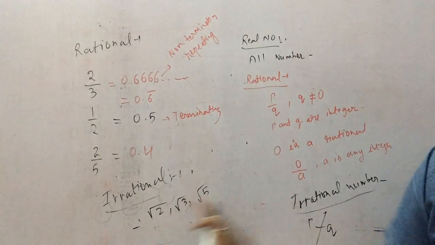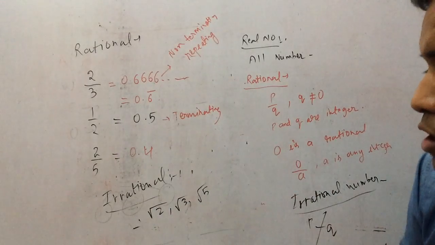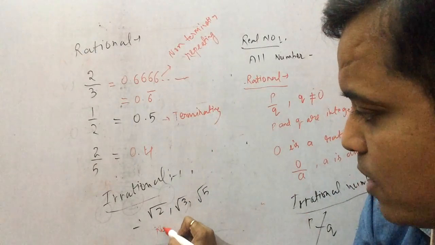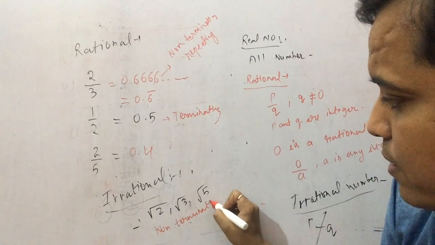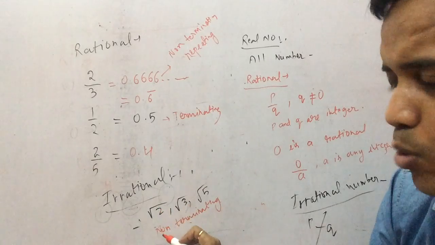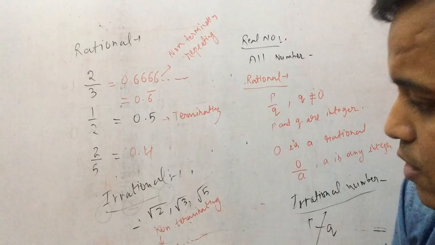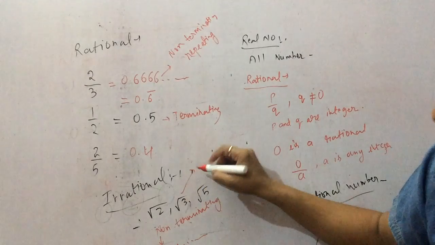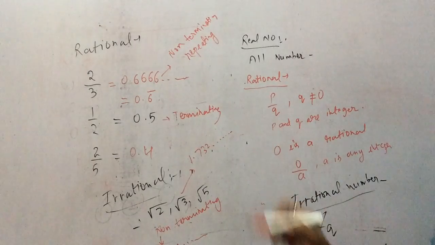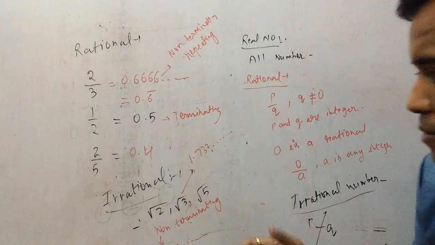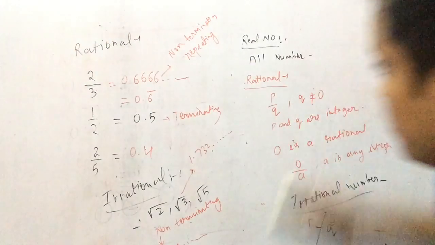When you find the square root of these prime numbers, you will always get a non-terminating, non-repeating decimal expansion. The root 2 is 1.414 and so on, non-terminating, non-repeating. The value of root 3 is 1.732 and so on. So it is non-terminating, non-repeating. Just keep it in mind.